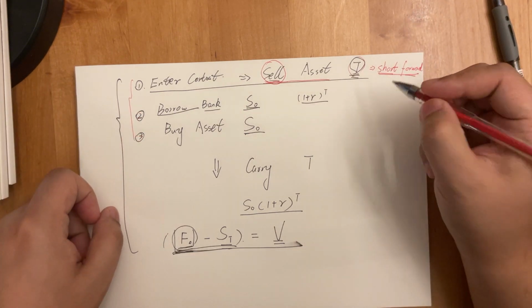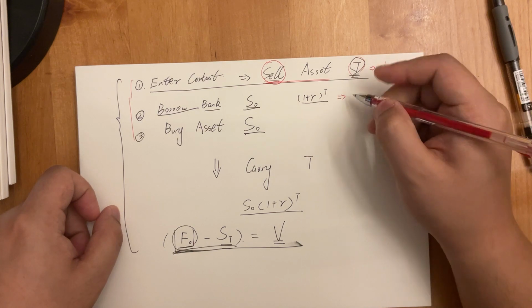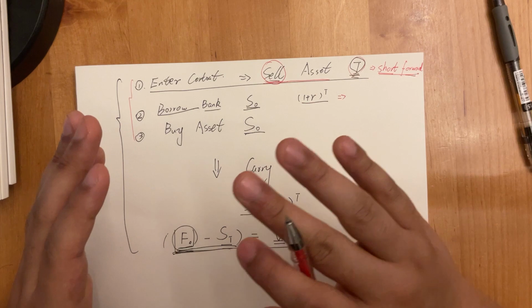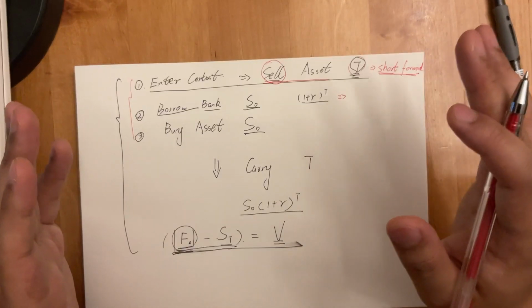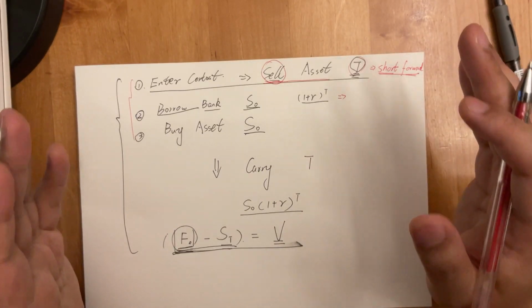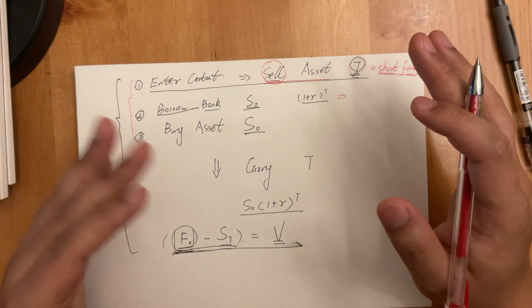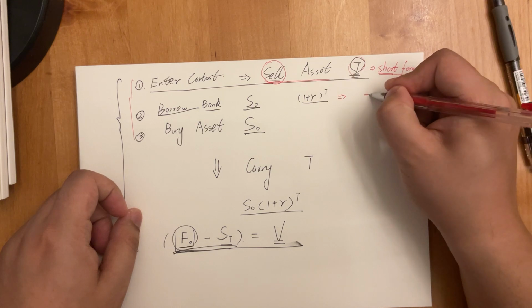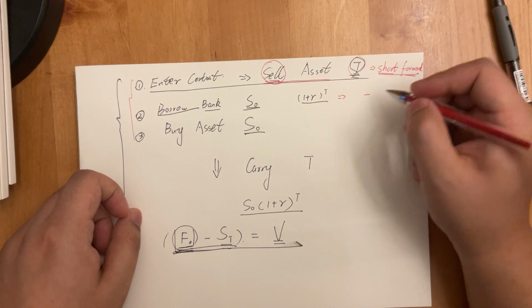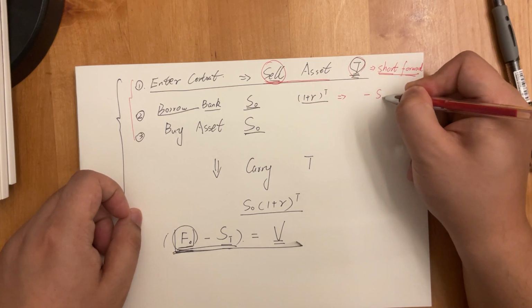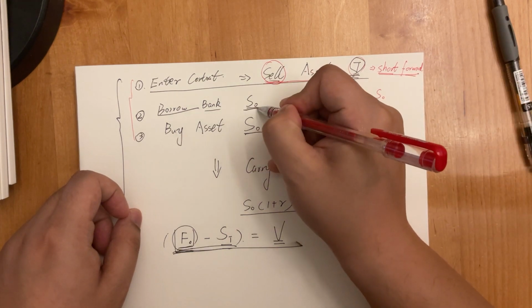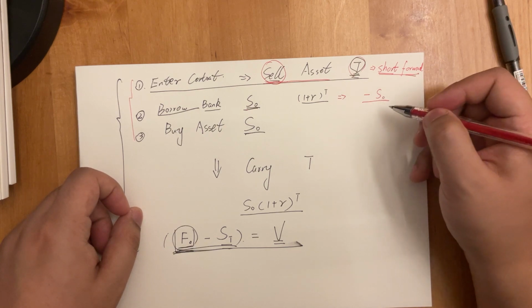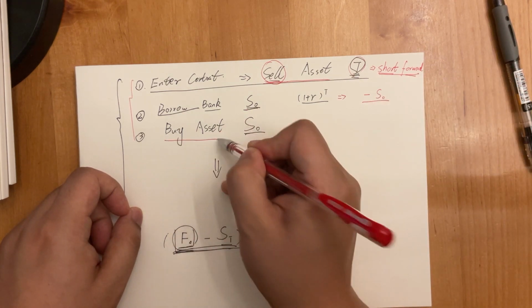So you're going to add a certain debt. Normally we treat position from an asset point of view, so this will be a negative number. There will be a negative S0, because you borrowed this amount of money, so you get a negative position of S0.